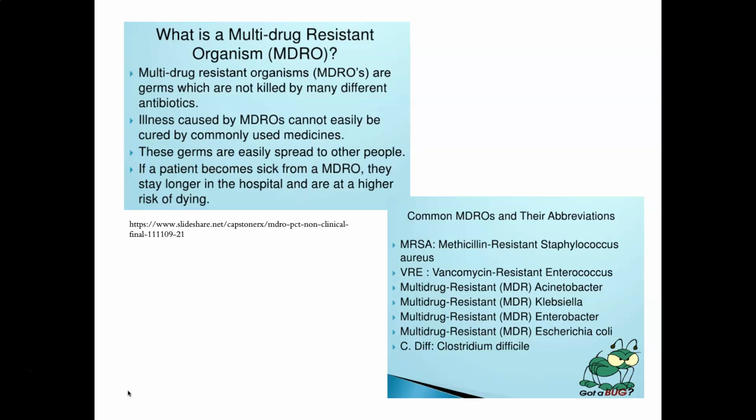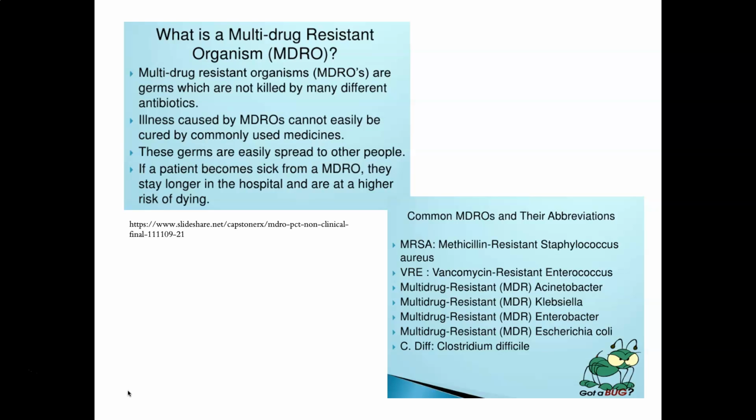And then here are some common MDROs and their abbreviations that you may have heard of. I was just talking about MRSA. It's methicillin-resistant Staphylococcus aureus. And we're going to learn about methicillin this week. You'll learn that it's a type of penicillin. VRE, vancomycin-resistant Enterococcus. Vancomycin is another antibiotic we'll be learning about this week, and it's one of the most powerful ones.